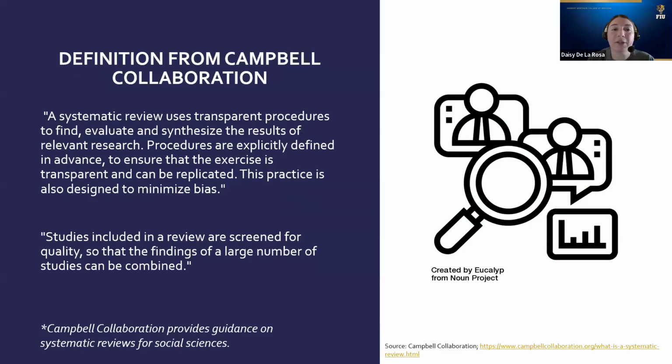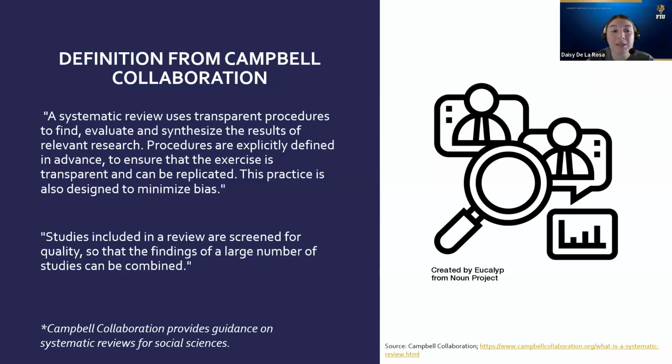We also wanted to include a definition from the Campbell Collaboration, which gives guidance for systematic reviews in the social sciences, but the definitions are very similar. A systematic review uses transparent procedures to find, evaluate for quality, and synthesize the results of relevant research.